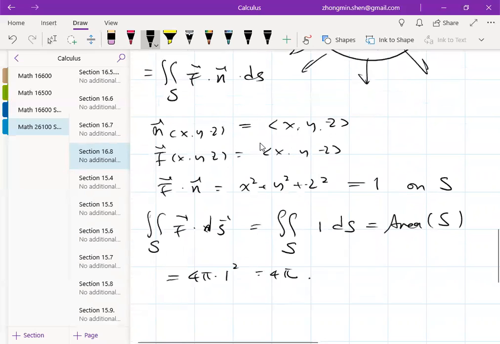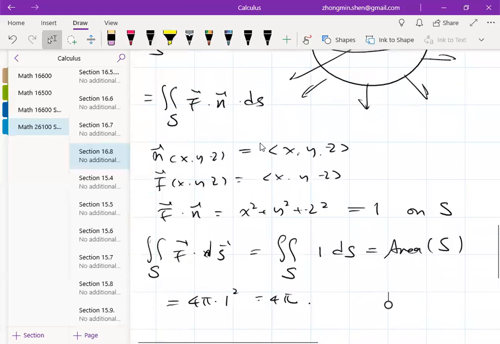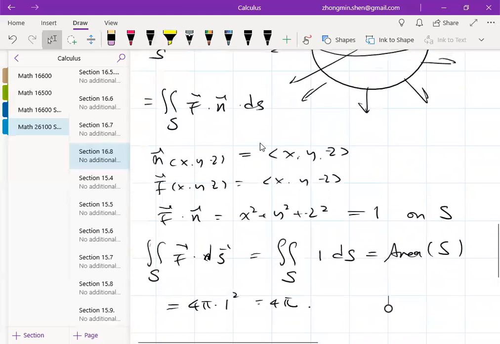Yeah, I skipped finding the parameterization for the surface. Because it's such a special case, you don't need to find the parameterization.